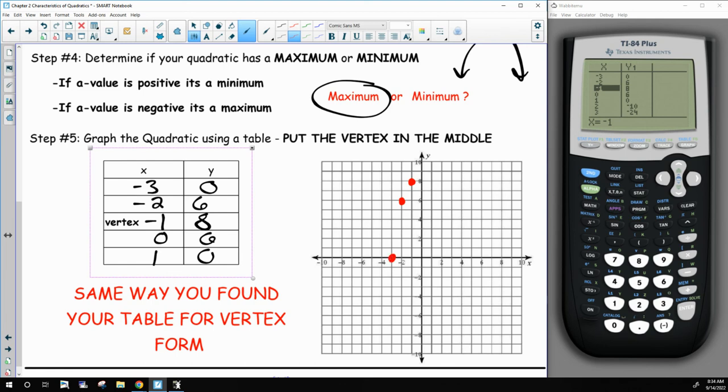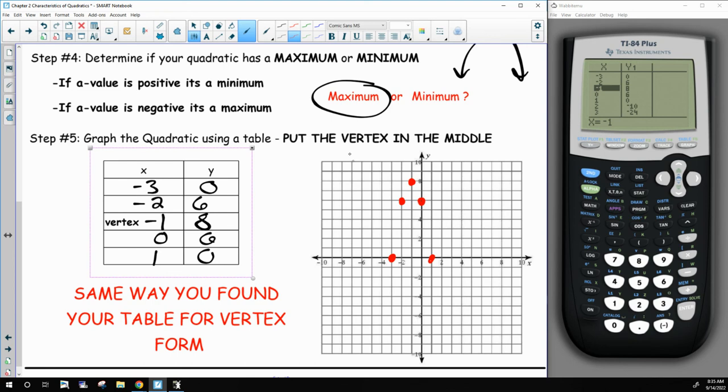Remember, quadratics are symmetrical, so when we start doing our other 2 points, you should see things being the same on the left and right side of the vertex. 0, 6, 0, up 6. Those match up, symmetrical. And we have 1, 0. Those match up. Those are symmetrical. So that looks like our points are good.